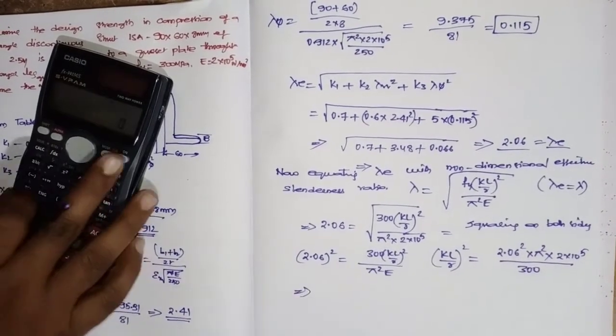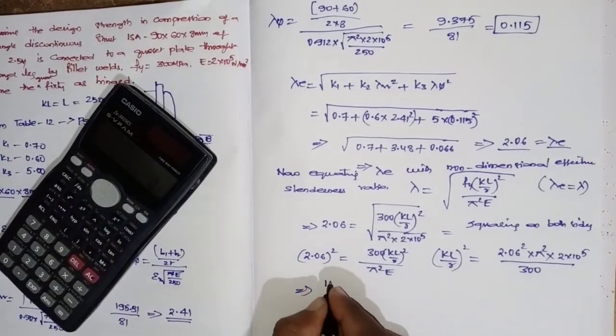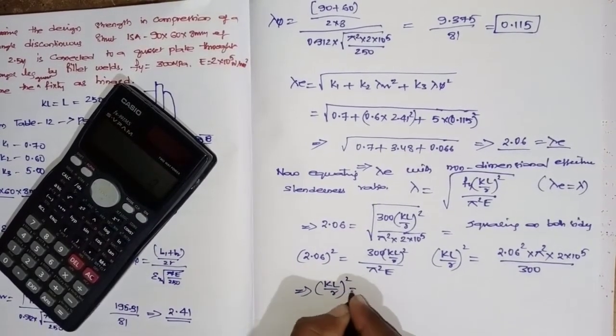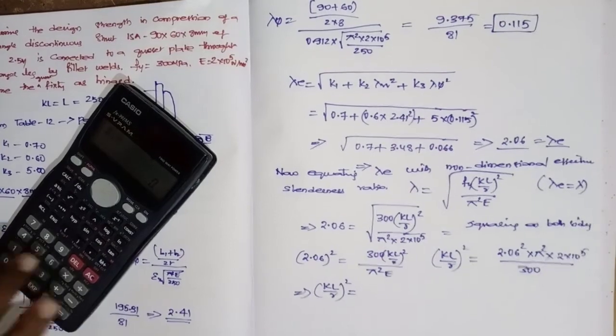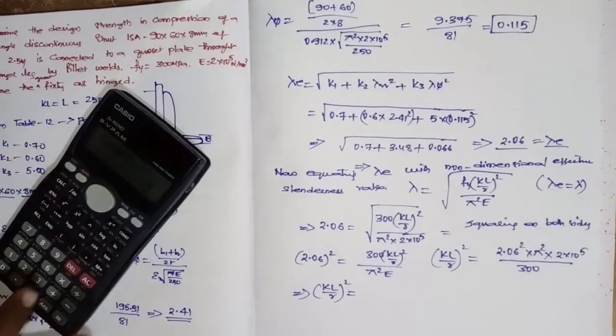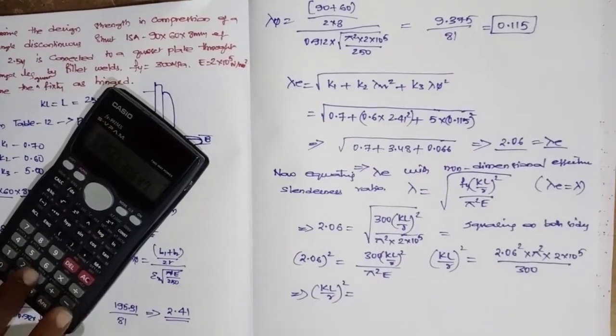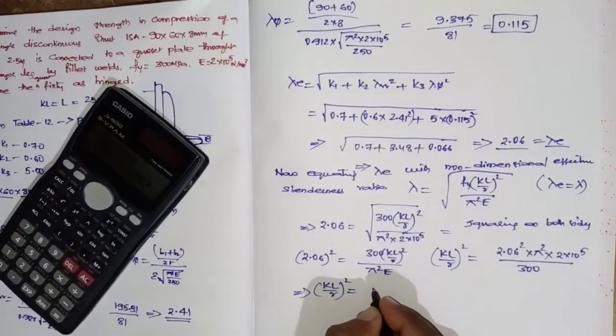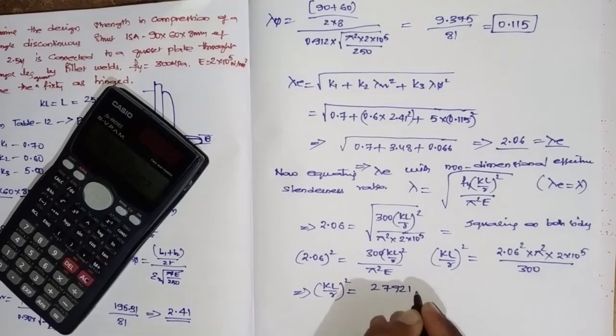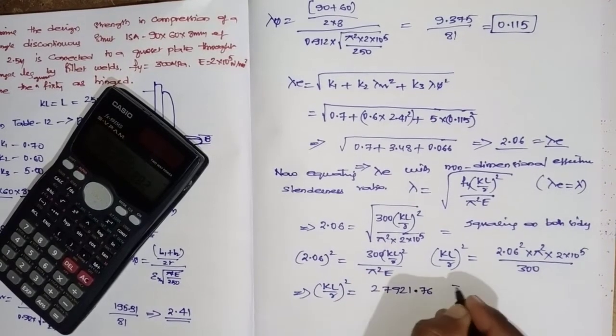If I substitute, KL by R square equals 2.06 square into pi square into 2 into 10 power 5 divided by 300. You got 27921.76.